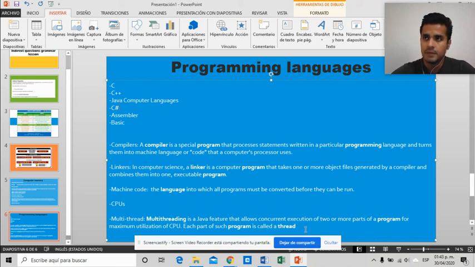For example, if you can drive and talk on your phone at the same time, you are, in a way, multi-threading. So it's the same as multitasking, but for computers. That's a multi-thread that can execute more than one part of a program at the same time. Okay, basically that's multi-threading.